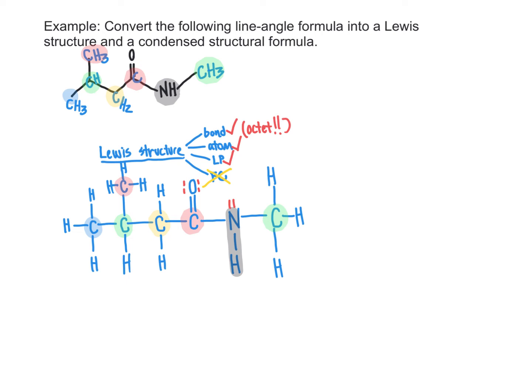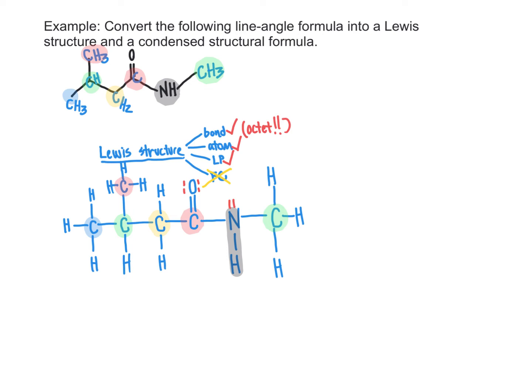So we fill in the lone pair electrons based on what we know about what is required for each of these common atoms to have no formal charge, with the carbons acknowledging that they all need 4 covalent bonds in total. Nitrogen will have 3 covalent bonds and a lone pair. Oxygen has 2 lone pair sets and a double covalent bond. There are 2 covalent bonds, in other words. So this is going to finish up our Lewis structure for this molecule.